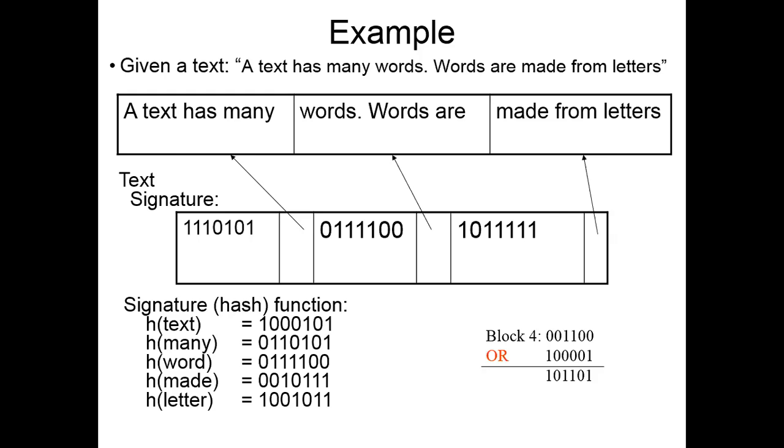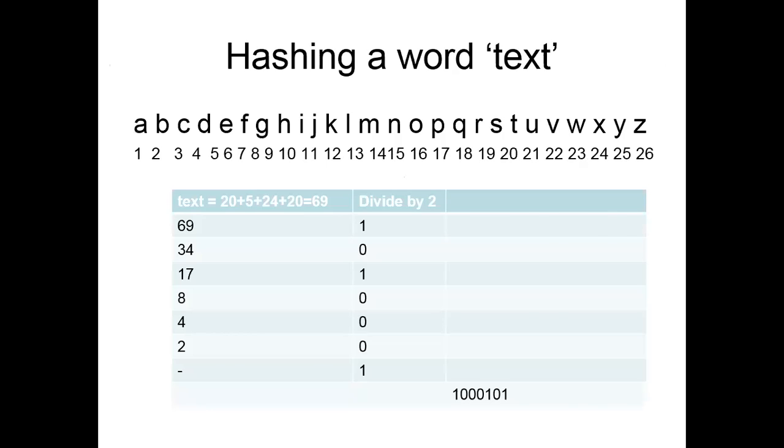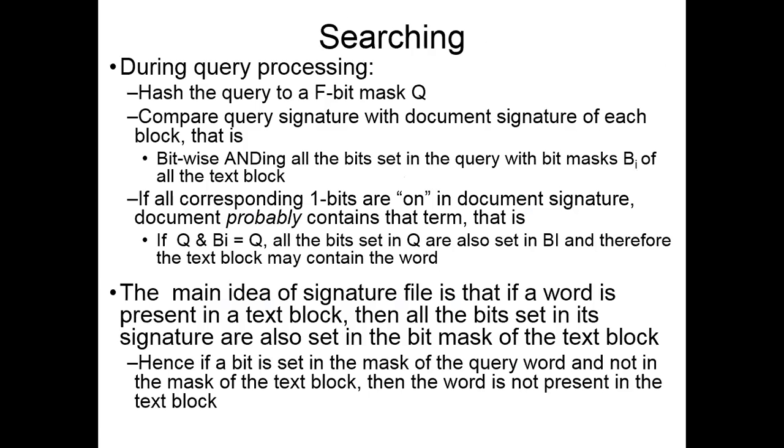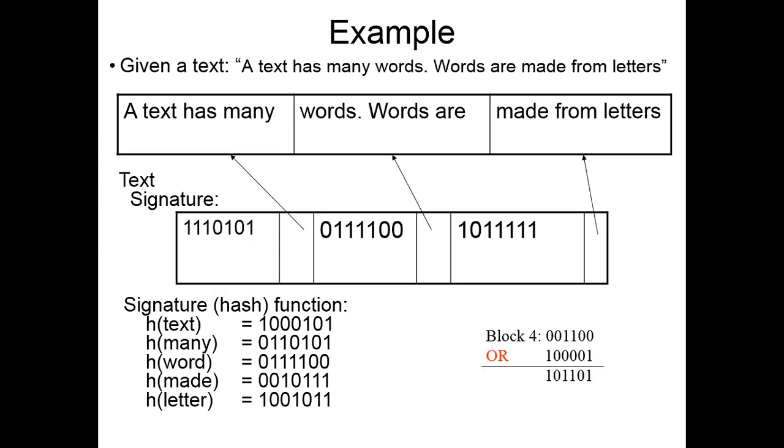But sometimes this principle doesn't work. Nowadays, signature files are not given much emphasis when creating an index file because it may sometimes return a document which doesn't contain the query. The query at the end of the day is represented by a signature like 0101. Sometimes a block contains different words, but when we hash them, the result may be similar to the query.